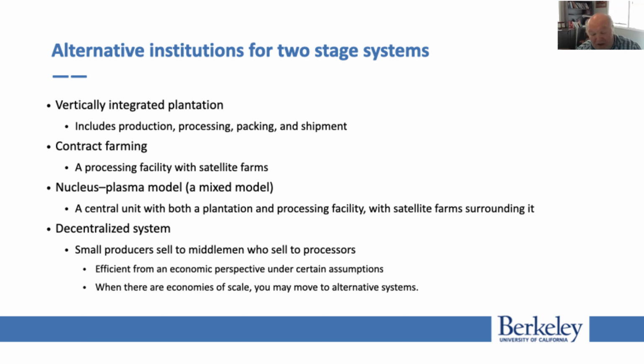Then there are a lot of other systems, like cocoa around the world, where you have a lot of small producers and a lot of middlemen and intermediaries that buy the input from the producer and sell it to the processor. That is the case, for example, of chocolate around the world. Companies like Mars don't produce the cocoa themselves. They buy it from suppliers and then produce the chocolate and sell it to consumers.